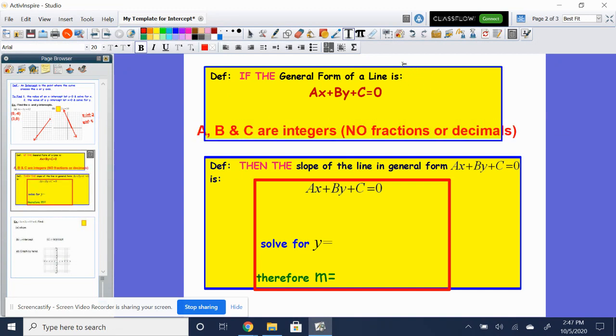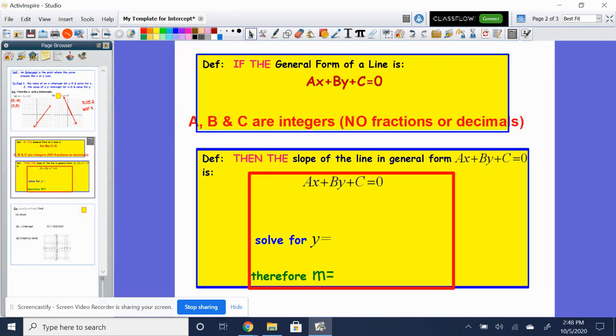Now, it is not necessary to memorize the slope formula for finding the slope from the equation. It is possible to do it. For instance, if we solved ax plus by plus c equals 0 for y, the first thing we would do is subtract the ax and subtract the c.